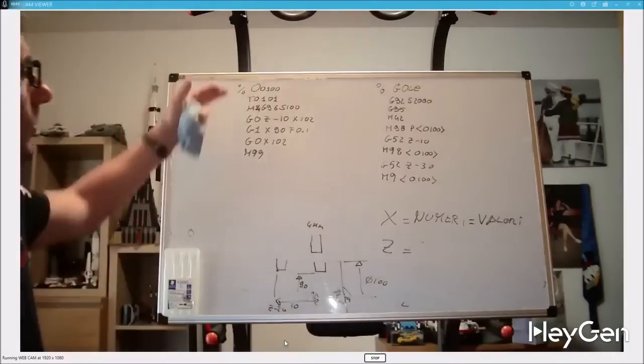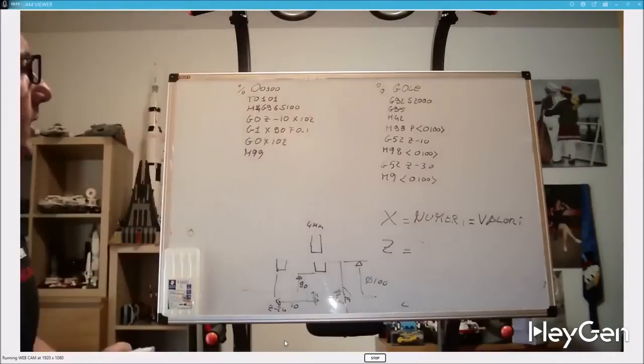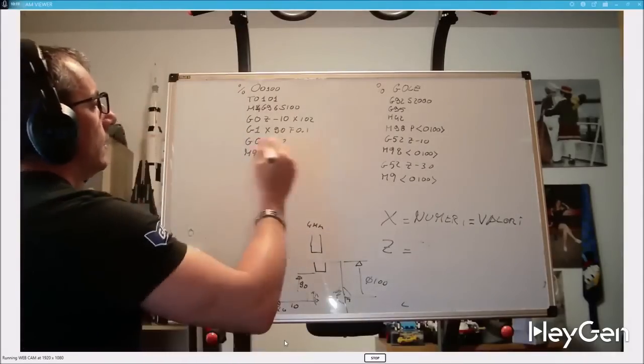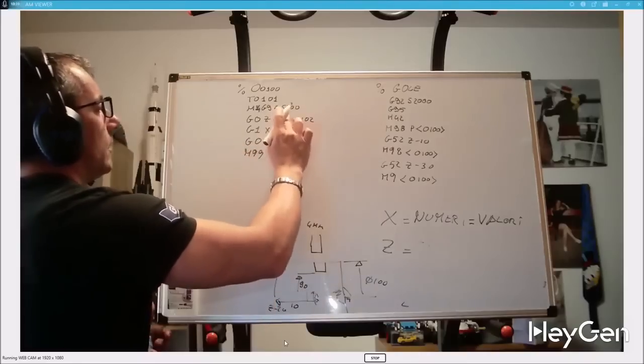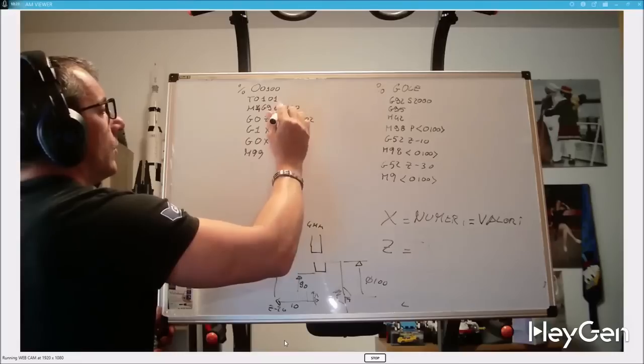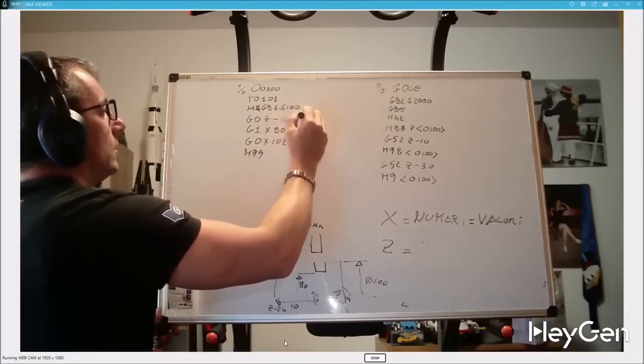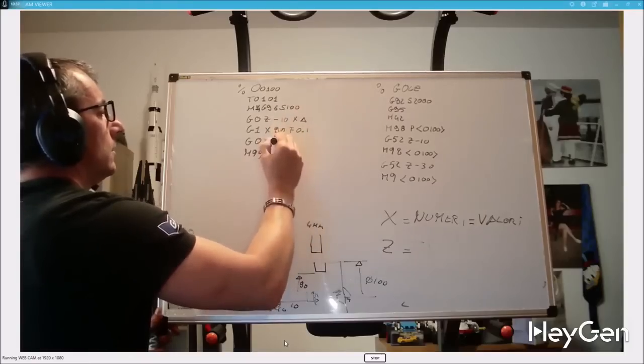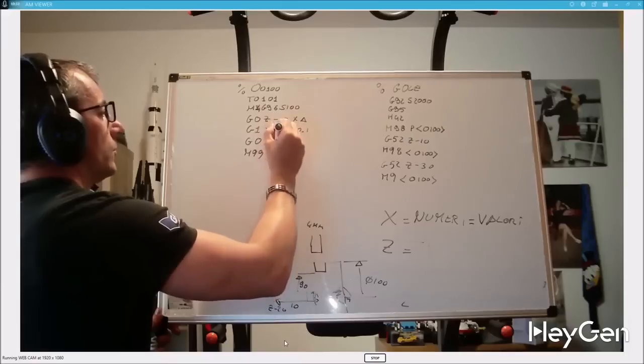So when we write a subprogram, we could also write that Z minus 10 is equal, and that X102 is A, and that 90, the groove bottom, is B.